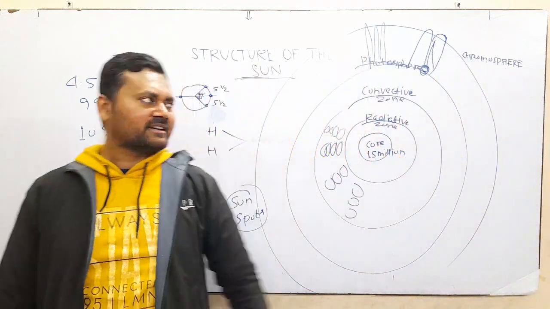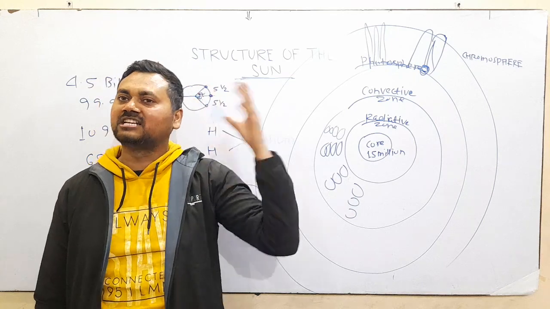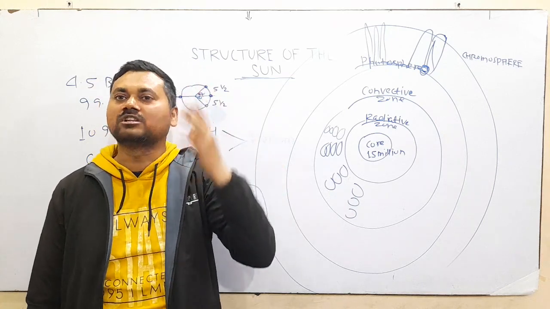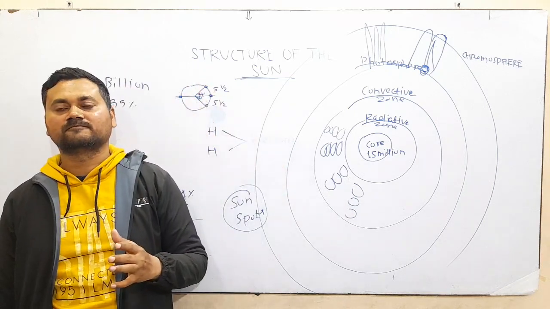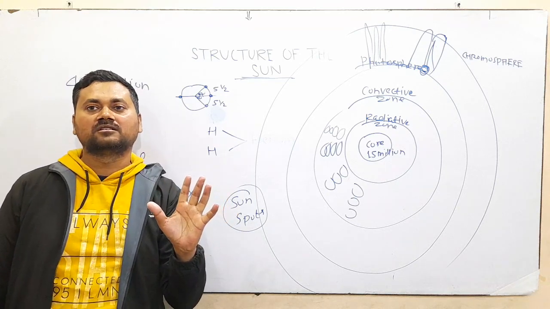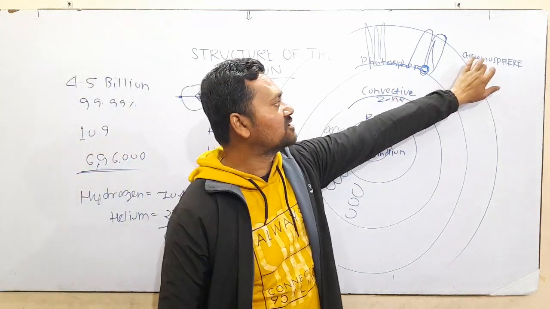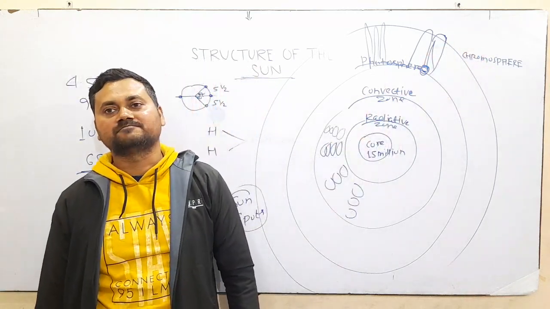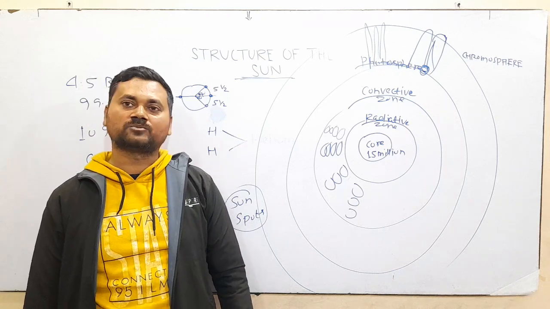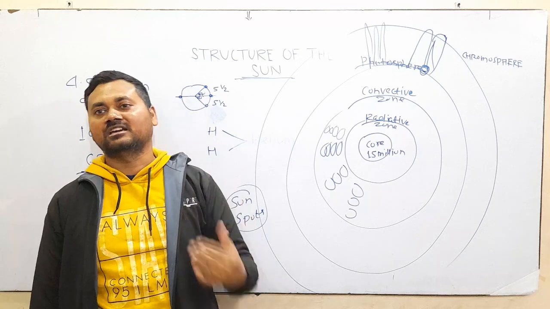Chromosphere can be seen during the eclipses, especially when the solar eclipse takes place. When the moon covers the sun, we see a red ring, and that is called the chromosphere. So chromosphere can also be seen from the earth, but during the eclipses.